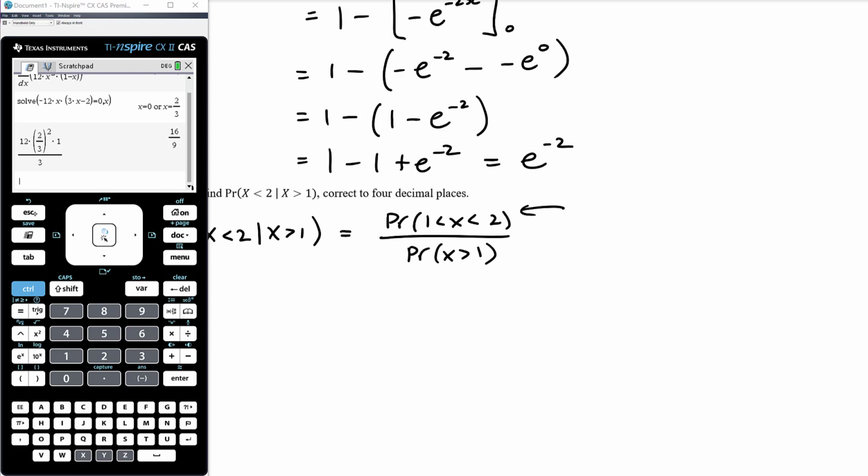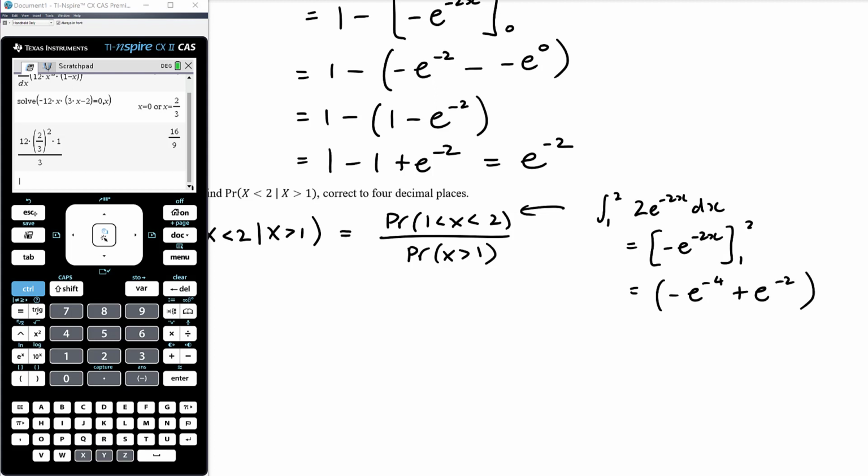So we're going to need the integral from 1 to 2 of our function, which is 2e to the negative 2x dx. That is negative e to the negative 2x from 1 to 2. So that is negative e to the negative 4, minus minus, so plus e to the negative 2.